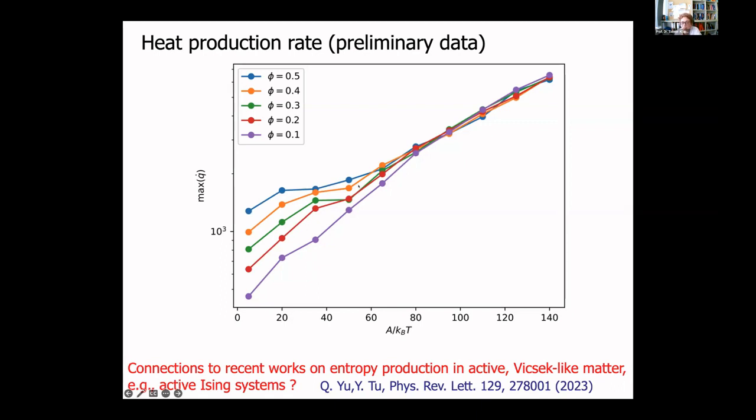But as you can see, there's nothing spectacular going on, and this is kind of interesting in the light of other recent work on dissipation in active systems with polar or velocity ordering. So this is something which we are currently trying to better understand.